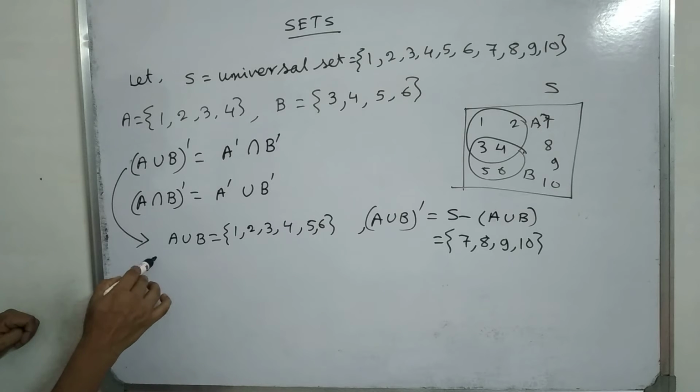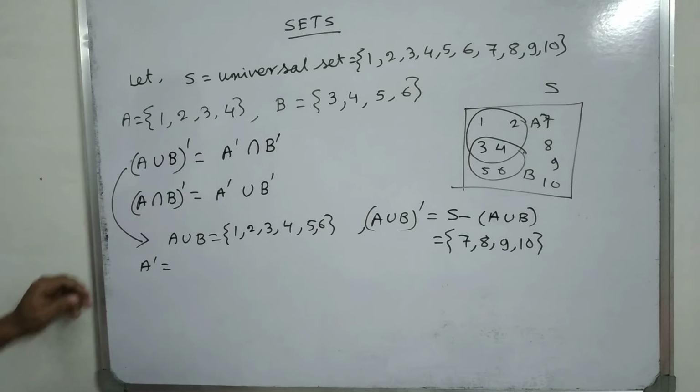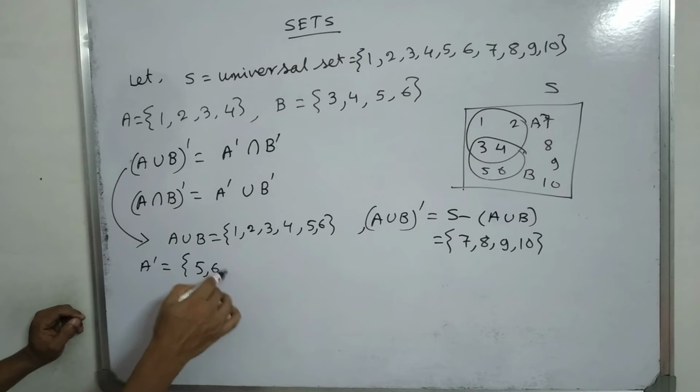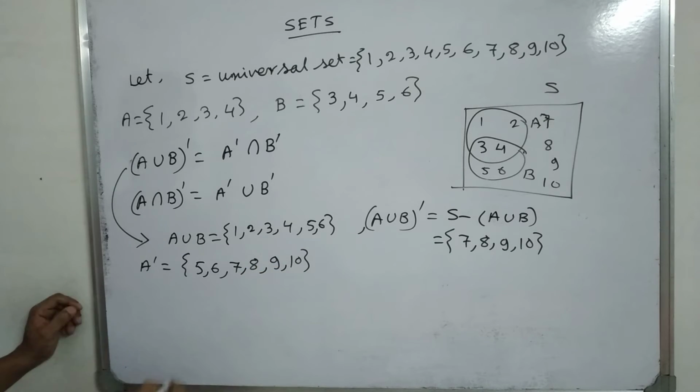And A complement is outside of A. Outside of A is 5, 6, 7, 8, 9, 10.